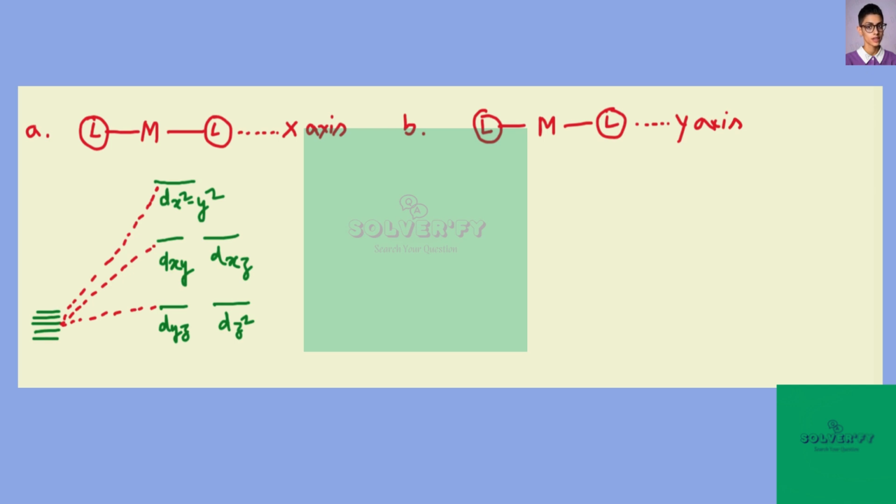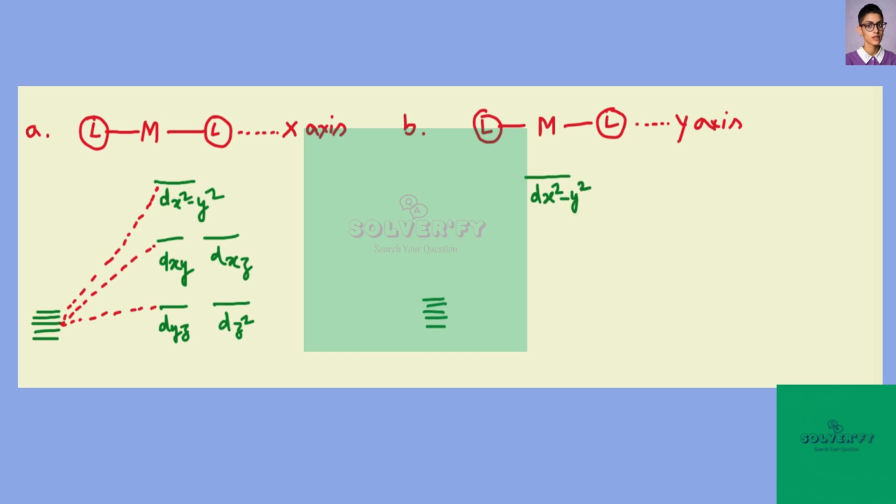So if these are the 5 orbitals here also, then the highest energy should be where the ligands are coming along the y-axis, and the repulsion is maximum in this orbital, which is dx square minus y square.